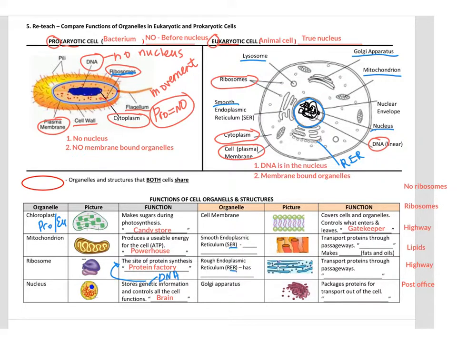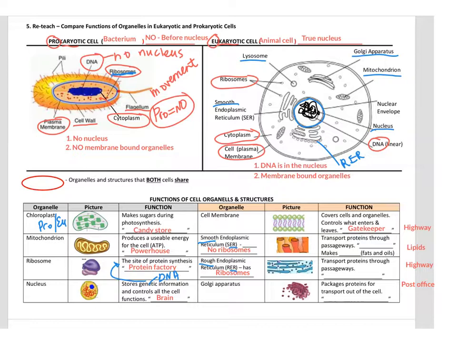One of them is smooth and the other one is rough. It's called smooth because it doesn't have ribosomes covering its surface, and what gives a rough endoplasmic reticulum its rough appearance is the ribosomes. So smooth endoplasmic reticulum has no ribosomes, and rough endoplasmic reticulum has ribosomes on its outer surface.